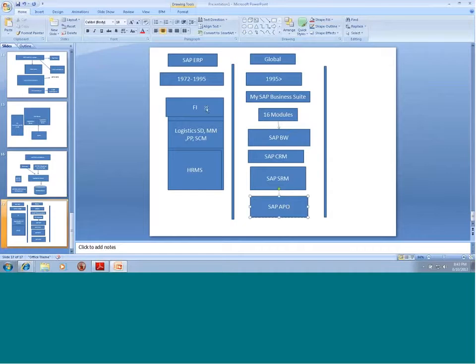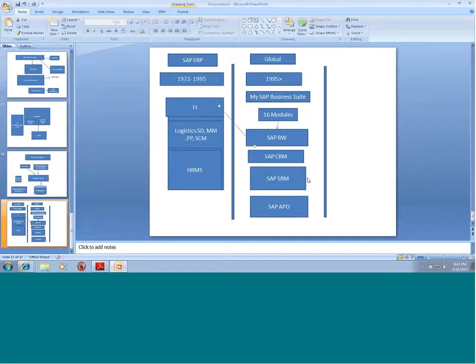If you look at it, what SAP did is it looked into its existing modules and started creating advanced modules for those existing modules. That is how My SAP Business Suite came up with all the 16 new modules that are required to compete in the current market, which is the global market. That is how it went from a traditional ERP model into a My SAP Business Suite application.